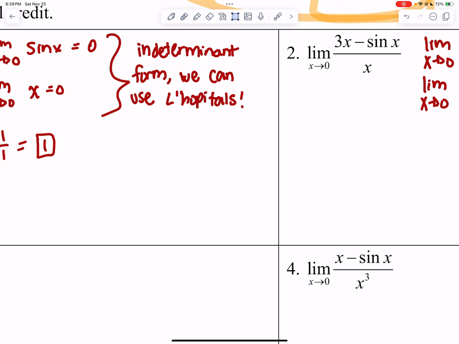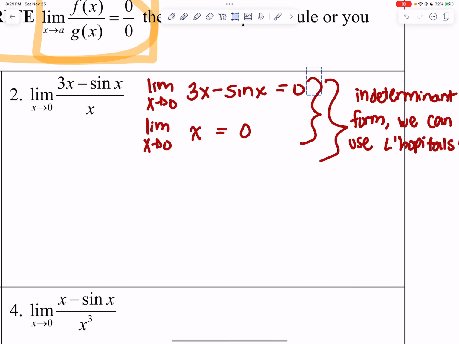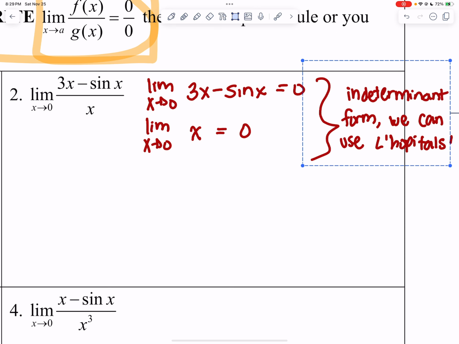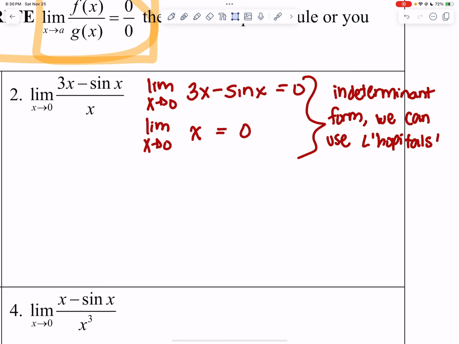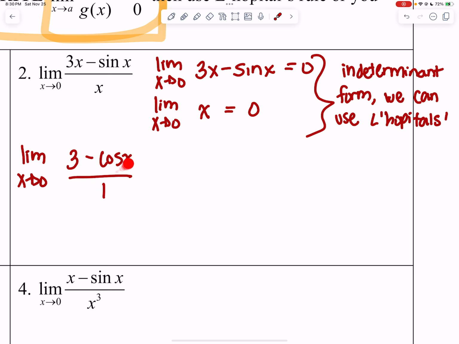So that means that we could use L'Hopital's, meaning that we could take the derivative of the numerator and denominator, and then see if we can use direct substitution there. So that's going to give us 3 minus cosine of x over 1. If I were to use direct substitution with cosine, we know that cosine of 0 is 1. So 3 minus 1 is 2. 2 over 1 is 2.